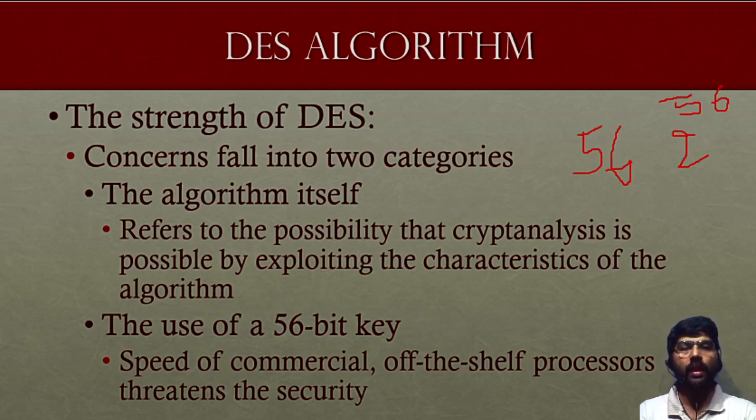Now, today the machines are very fast. We have supercomputers which execute very fast. With the help of such computers, very fast computers connected in parallel, which perform 1 billion key comparisons per second, we can break the code of DES.